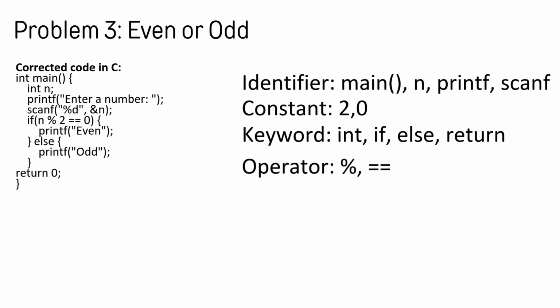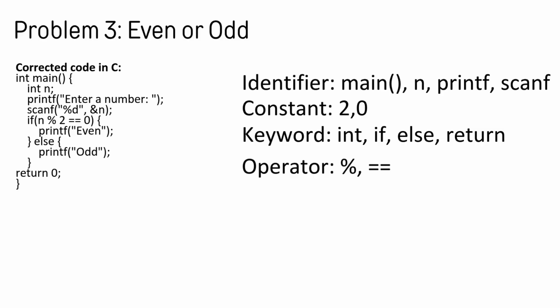Then in the line int n, int is also a keyword, but n is an identifier because this is a variable name. Then printf is actually a built-in library function with a specific task, which is to show the output. printf belongs to the library stdio.h.